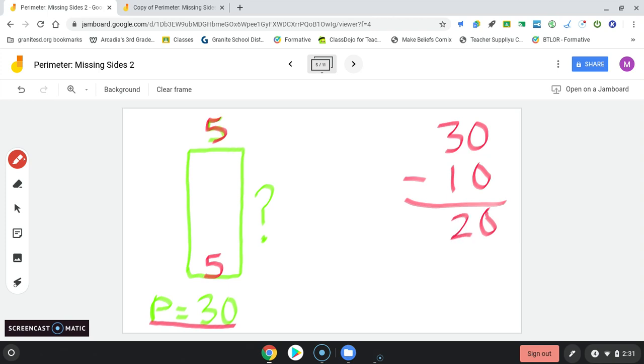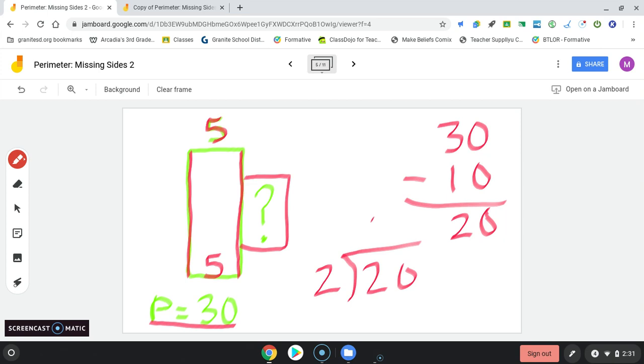This 20 here is how long this side would be and this side together. So to figure out just one side, you just have to divide by 2. So 20 divided by 2 would equal 10. Okay, so when you type the answer in on your assignment, you would just type 10. Because this side is 10, and the question mark side, the one they're asking, is also 10.